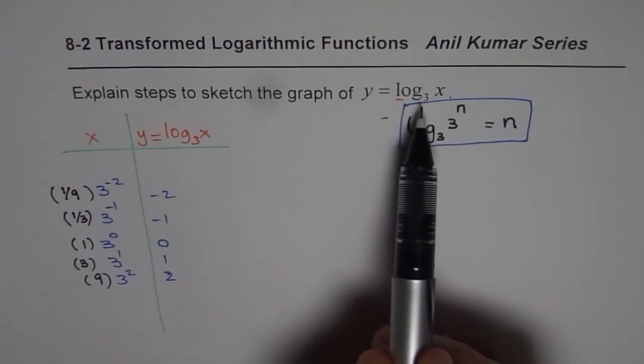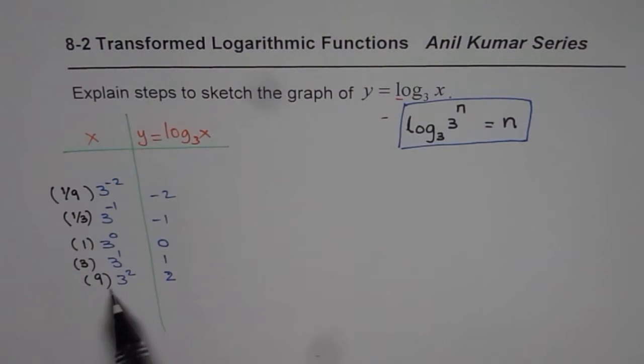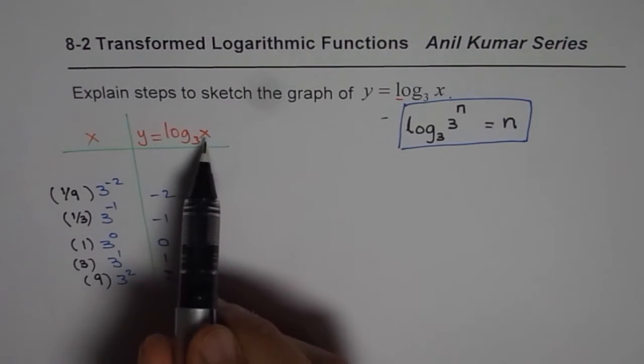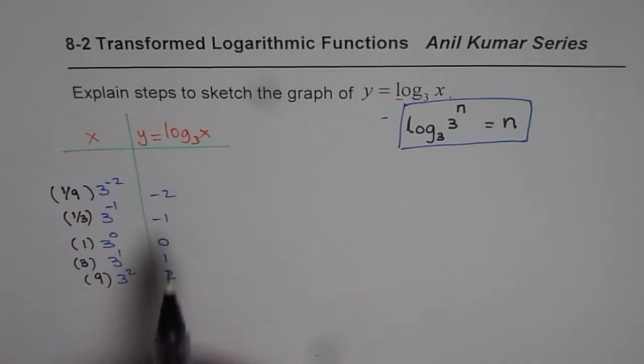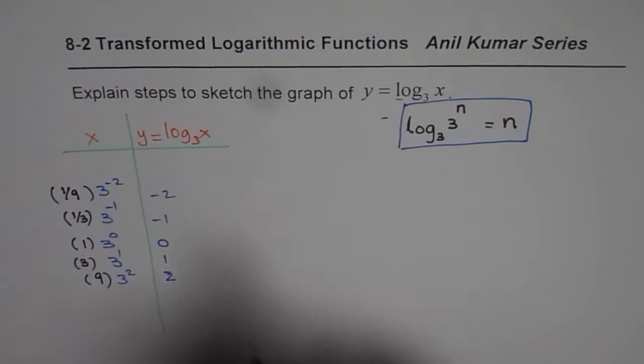So, in short, the x values are powers of 3 if the base is 3. If the base is 2, I will take all these values as 2 to the power of n, okay? Now, if I write 9 here, y equals log base 3 of 9, I will get 2. That is the y value, correct? So, looking into this, we can write down our coordinate points.